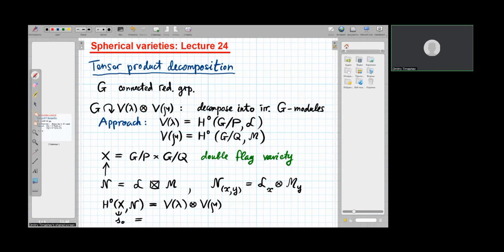Let me denote them by s sub lambda and s sub mu. These are highest weight vectors in these irreducible representation spaces, or in other words, they are B semi-invariant sections of these line bundles of the respective highest weights. And this s naught, as I said, is a highest weight vector.